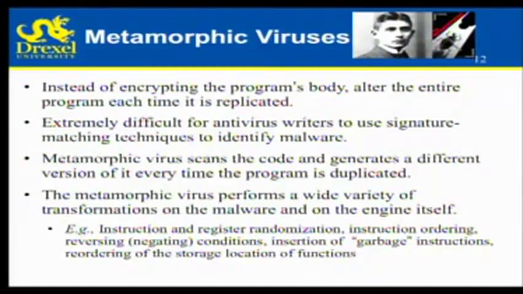It'll move code around, move the location of the functions around. So it'll do a semantics-preserving transformation of the binary code, and then some. And then it'll replicate. So what happens to antivirus companies is they'll say, well, I did an update for Pavlov's recent virus, but what they don't know is that every time that virus replicated, it became a different virus.